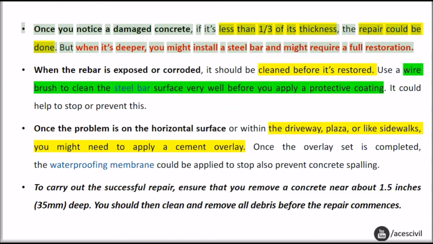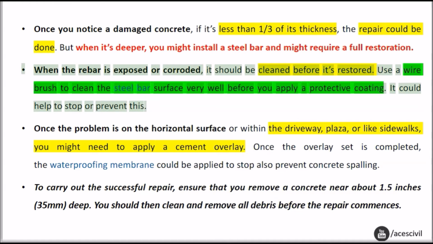But when it's deeper, you might install a steel bar and might require a full restoration. When the rebar is exposed or corroded, it should be cleaned before it's restored. Use a wire brush to clean the steel bar surface very well before you apply a protective coating. It could help to stop or prevent this.